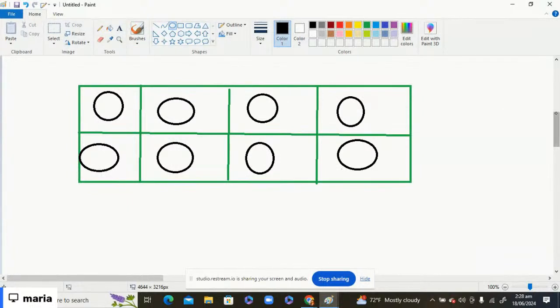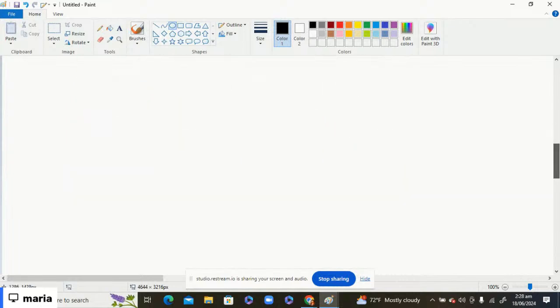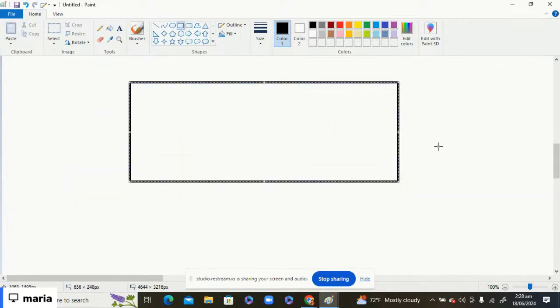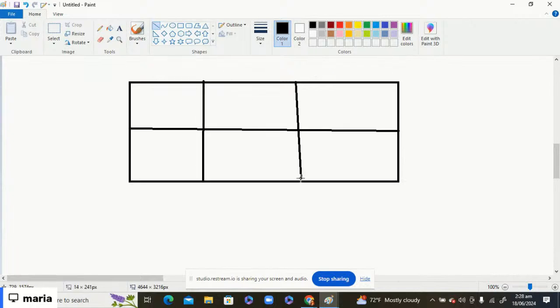Let's draw. For example, first I'm going to draw the frame. This is your frame. Okay. First I'm going to draw the stars.